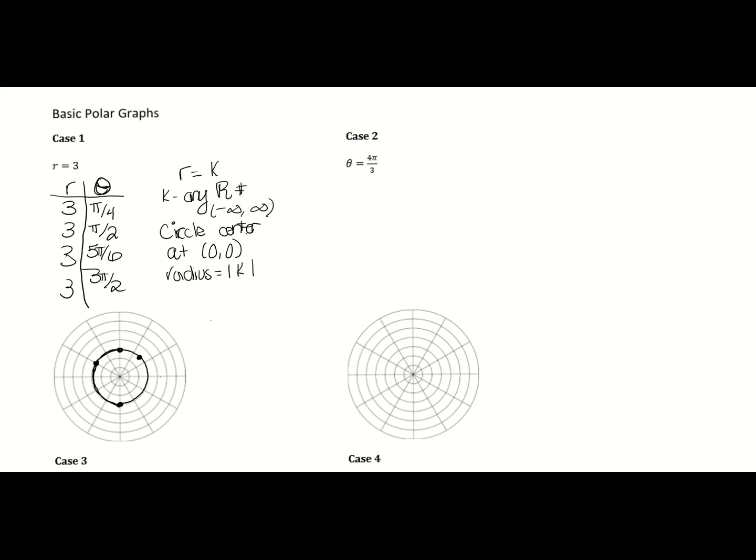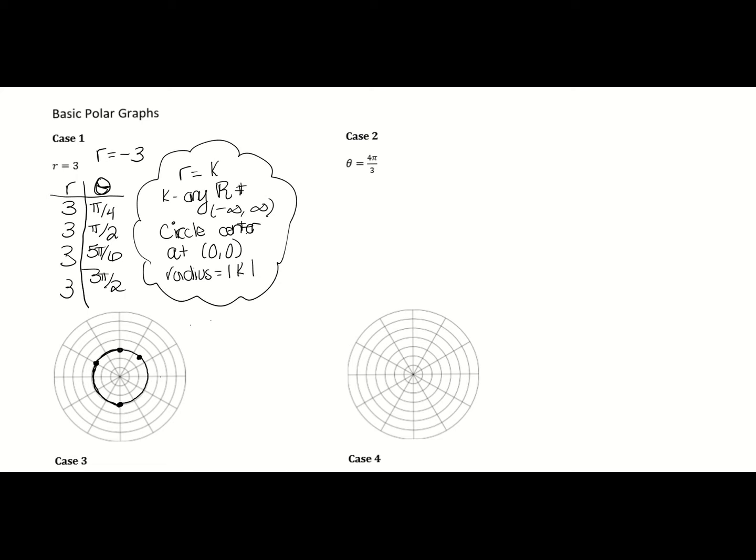Because even if r is negative, remember, the r being negative just means that you go directly across. You go 180 from the angle. But it would still be a positive radius for the circle when you graph it. So this graph would be the same thing as r is equal to negative 3. They would look exactly the same. All right, so this would be case 1.